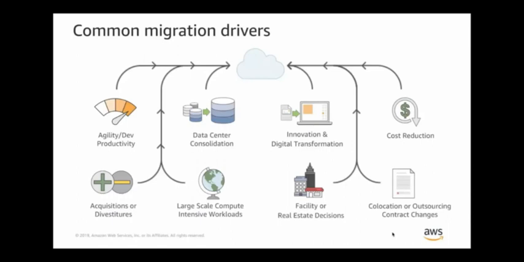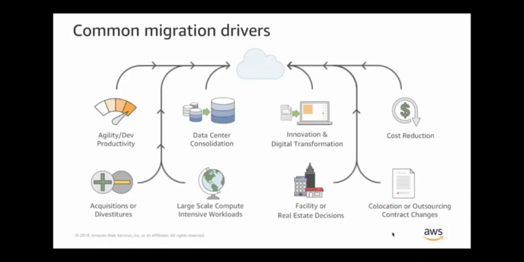Co-location changes or contracting changes with their outsourcing contracts is another common decision, as well as facilities and real estate decisions, and any kind of acquisitions or divestitures, which are common business practices, which require additional compute facilities. These are all reasons during which our customers look at major decisions such as evaluating a cloud platform and moving workloads to the cloud.